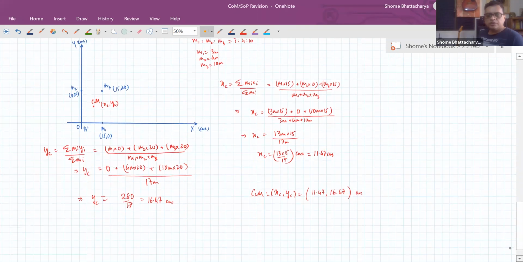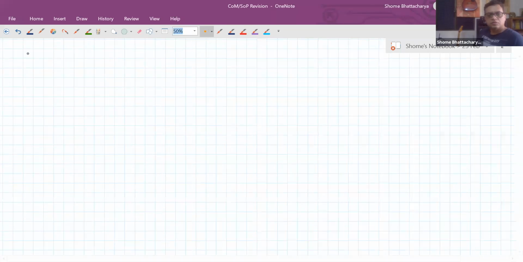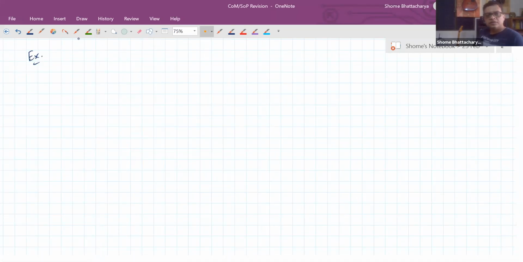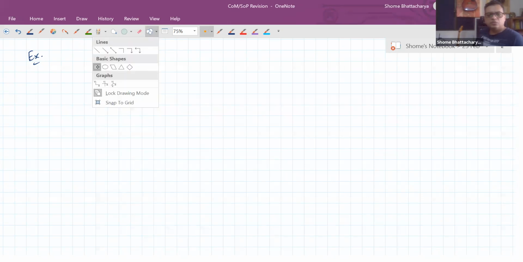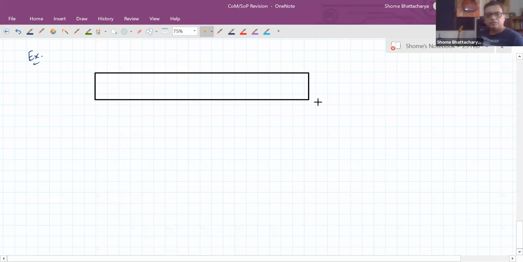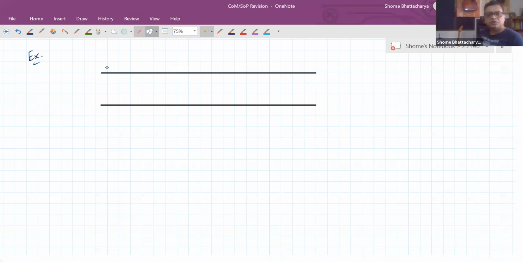Okay. Now let's move on to some integration based examples. So next up we'll see that if we have a material which is of variable density, or what we call an anisotropic material. So let's say we have a cylinder which has a uniform cross section.